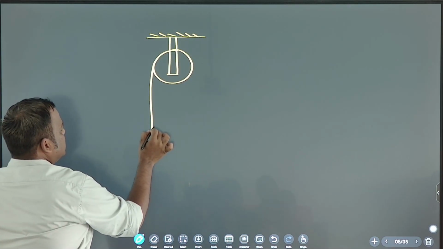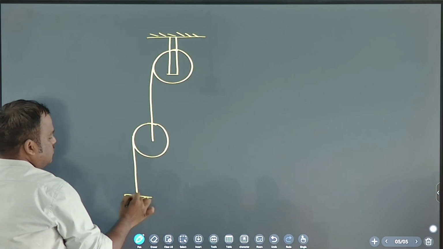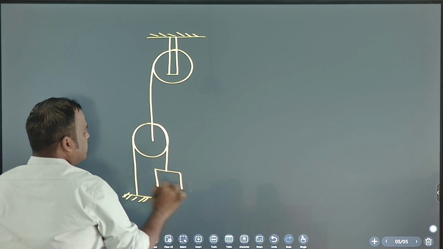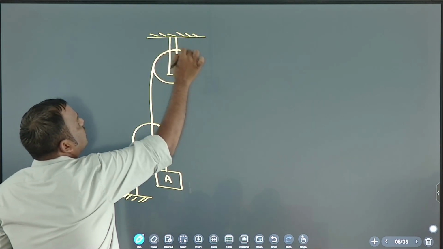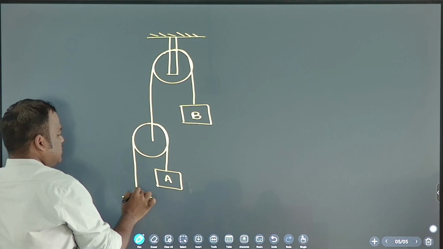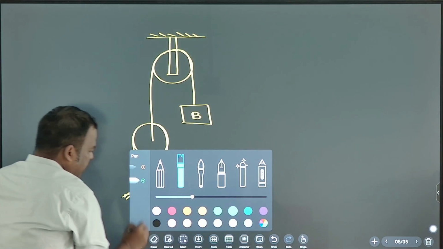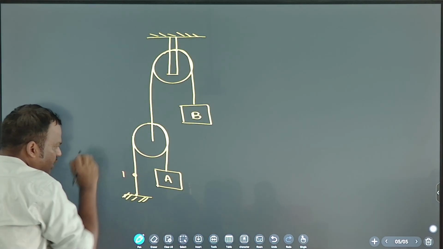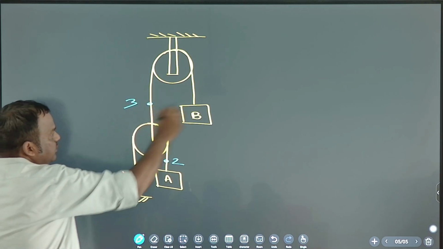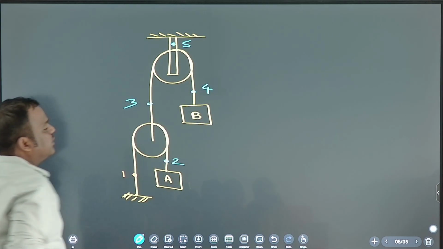Here also one pulley is there. Now here is one block A, here another block B. Like this. Now I am considering some points 1, 2, 3, 4, 5.